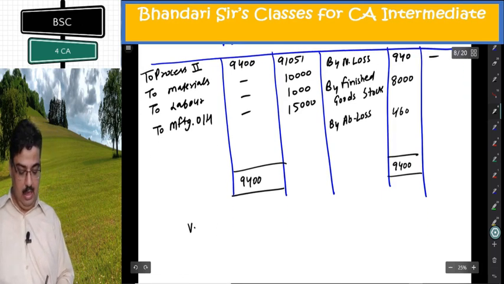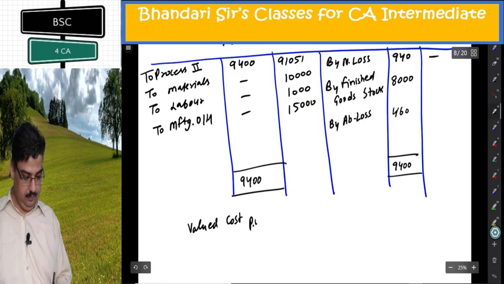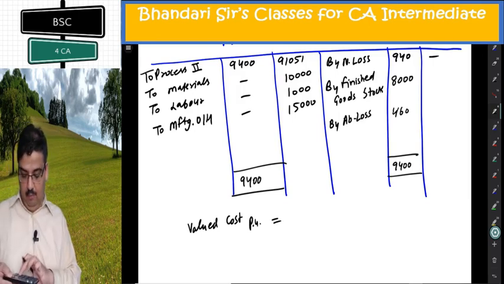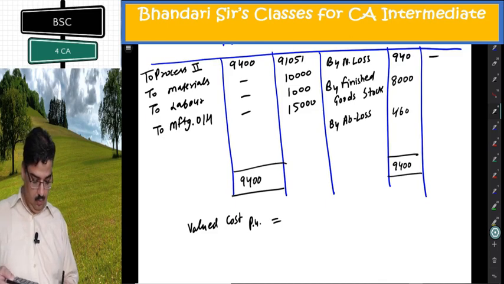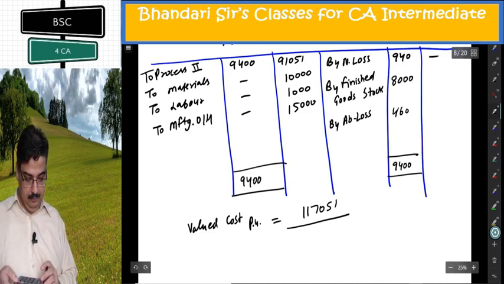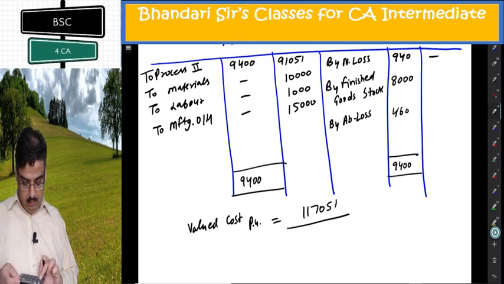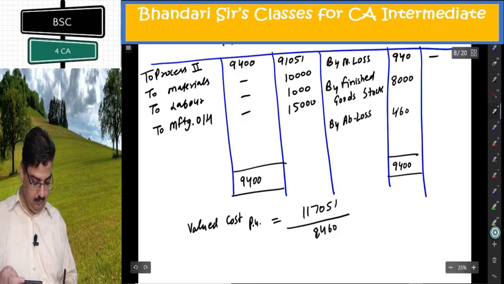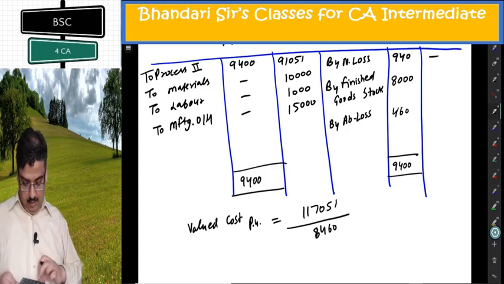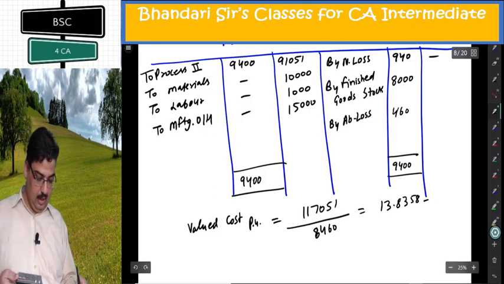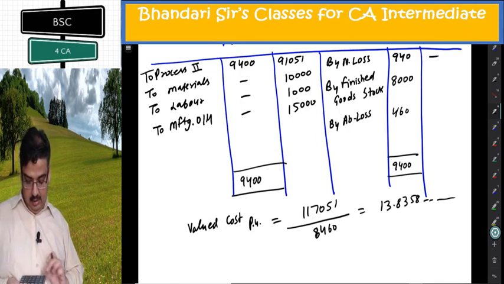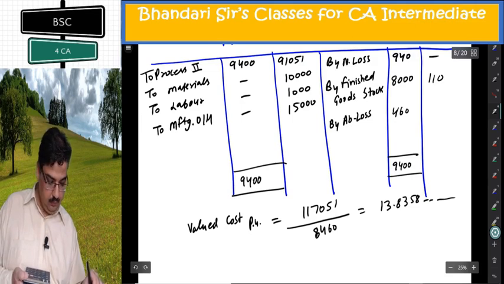Now comes the last valued cost per unit. This is 91051 plus 26,000, 117051, divided by 9400 minus 10%, 8460. 117051 divided by 8460 is 13.8358... If I multiply it with 8,000, I am getting 110686.52.